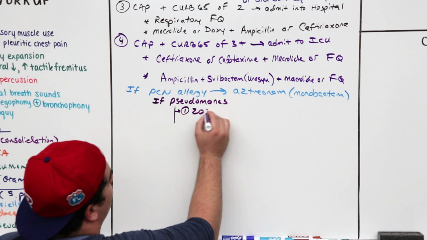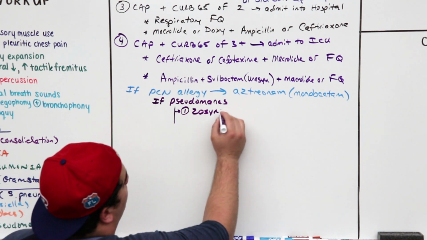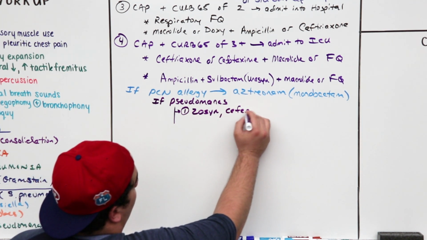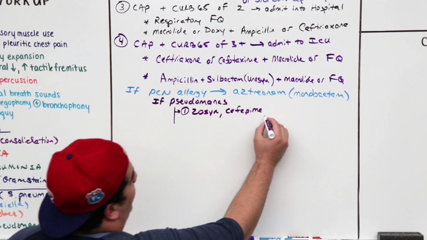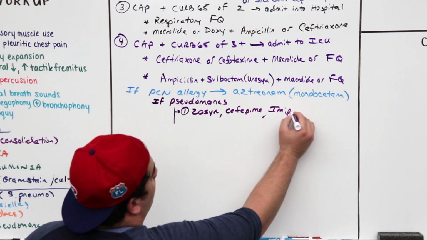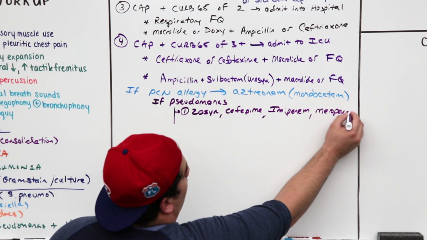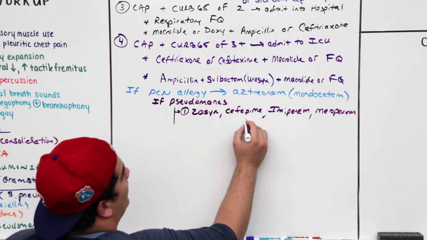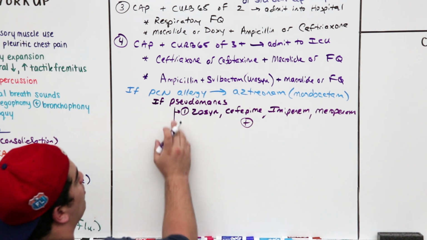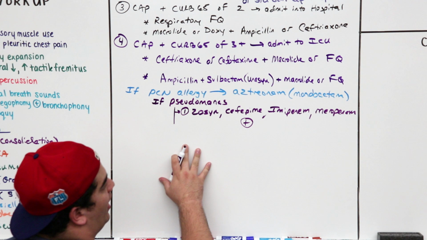You could give Zosyn. You could give Cefepime. You could give Imipenem. Or you can give what's called Meropenem. But if you give any of these, you have to give it with something else. And this is where we're going to have the different types of options here, okay?